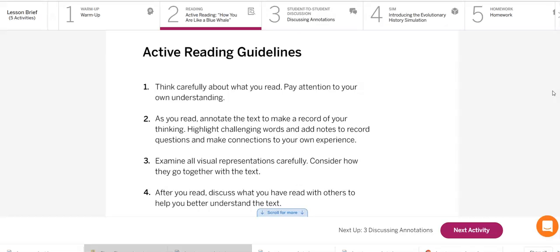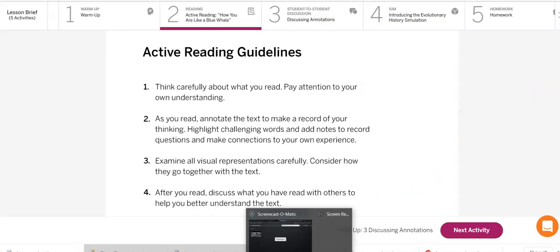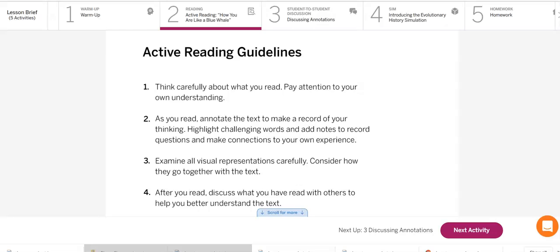Because we are doing this from home, I can't see you, and you can't actually use partners. Maybe some of you have Zoom together, and if you want to, after you do your annotations, you can Zoom with someone, or use FaceTime if your parents allow it. Make sure you get permission. Then you can discuss the things you talked about in your article.